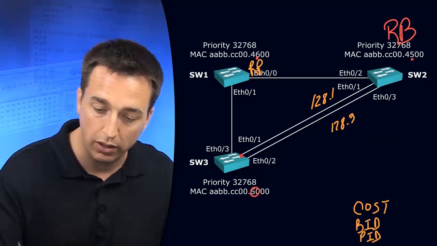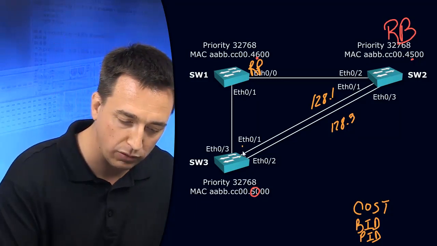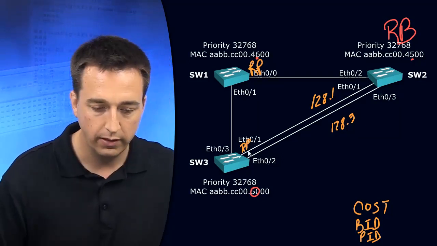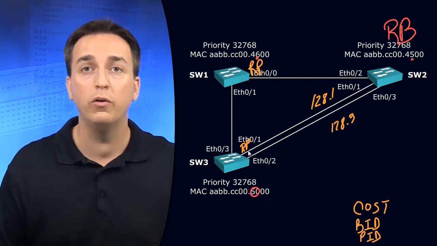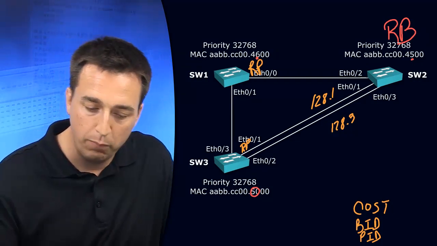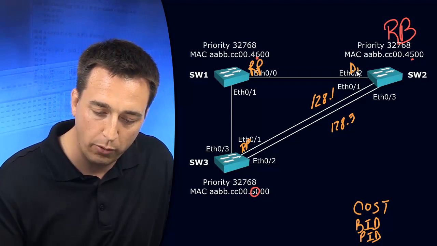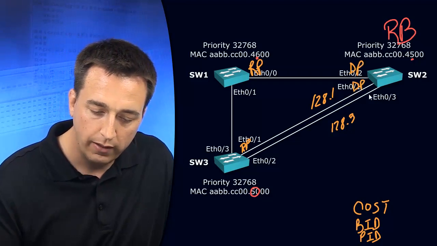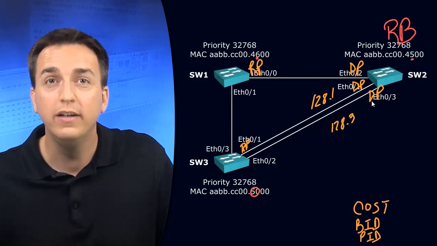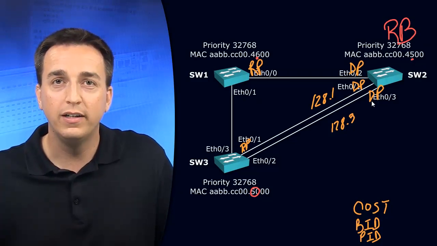So that means that's our root port. So we're going to label that as root port here. Excellent. So we have found our root ports. We only needed 2. Now we need to find designated ports. So we'll label this as designated port, and designated port. Why? Because they're all on the root bridge.